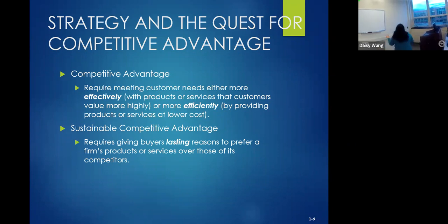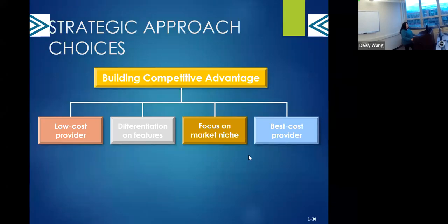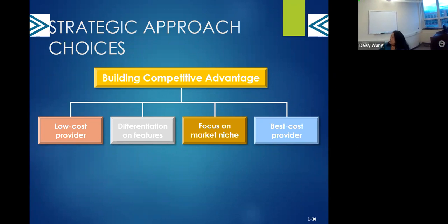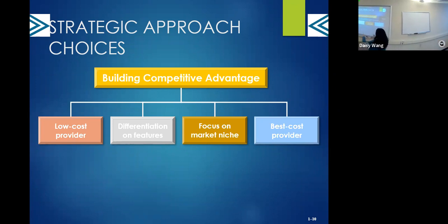Okay, so those are the different terms for competitive advantage. And basically we have actually 2 fundamental strategies. Here it shows 4, but we have 2 fundamental strategies. If you can see here, we have the low cost and best cost provider.